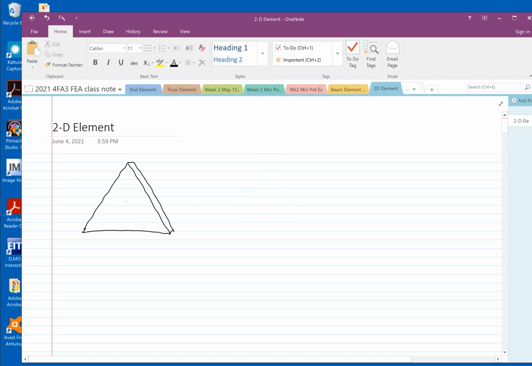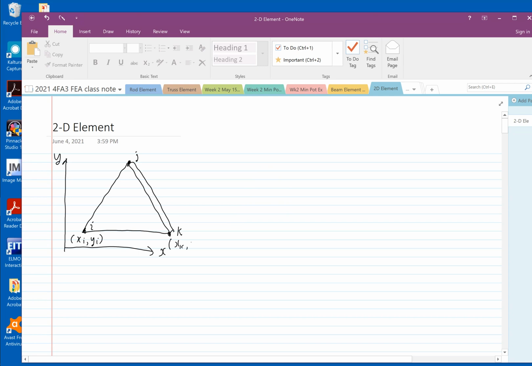So this solid element, the 2D element, has 3 nodes. It's one element only with 3 nodes. And the 3 nodes can be identified with a coordinate. If this node is I, this node is J, K, then the name of this node can be identified by the coordinates xi and yi.